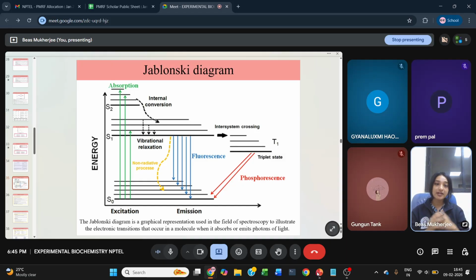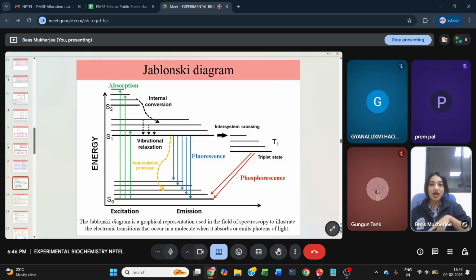Now there are different higher energy levels, for example S1 level and S2 level. In the respective energy levels also there are different vibrational states. What does that mean? It means that for each energy level, it is not just one particular energy state, but multiple similar energy states with very slight modifications at a particular energy level. And these are called different vibrational states.